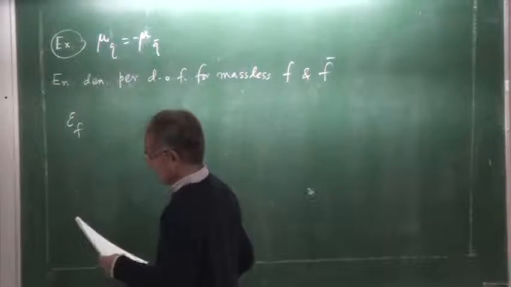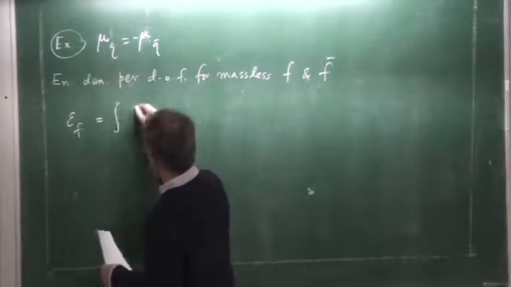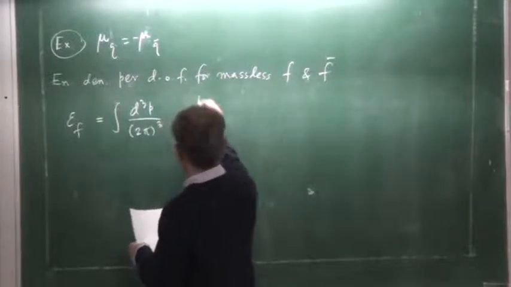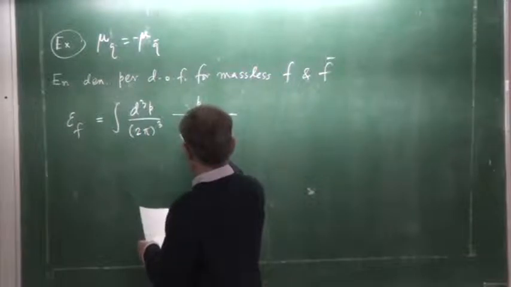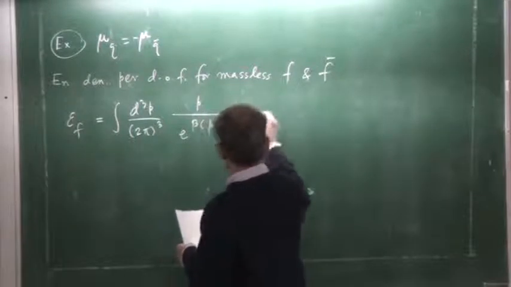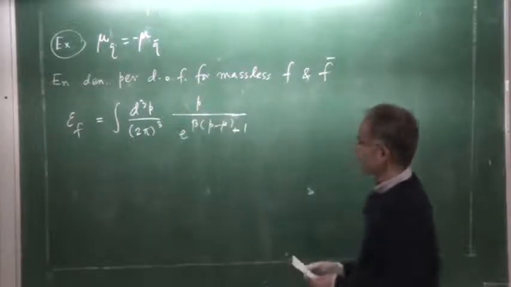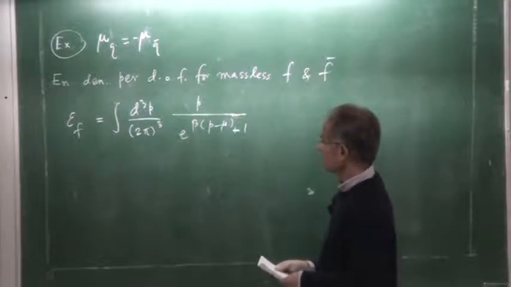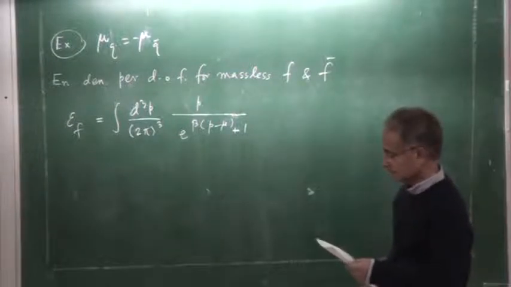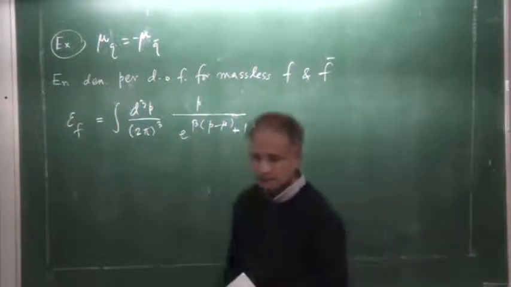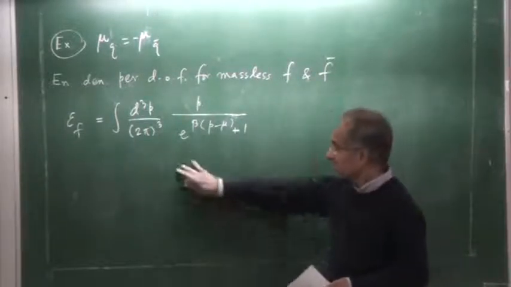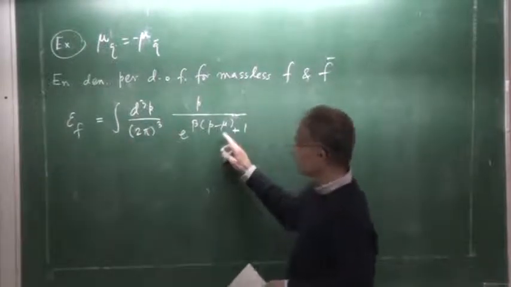Let me write this expression. This is for fermions, and antifermions will have, instead of minus mu, a plus mu.